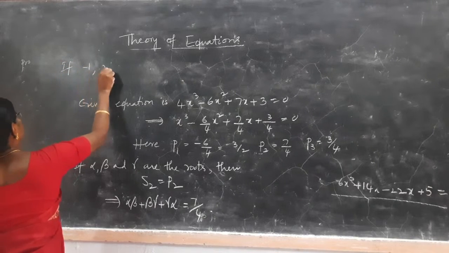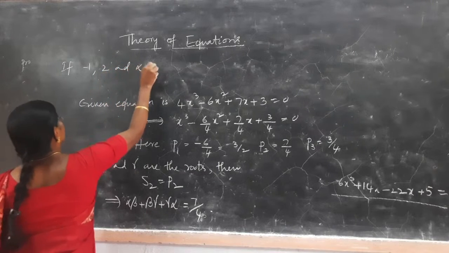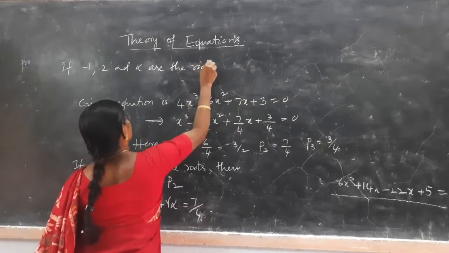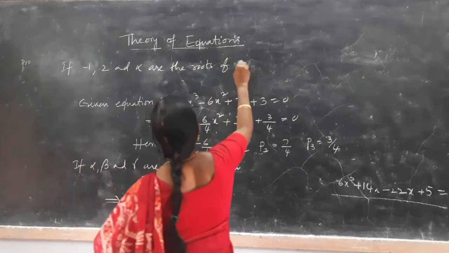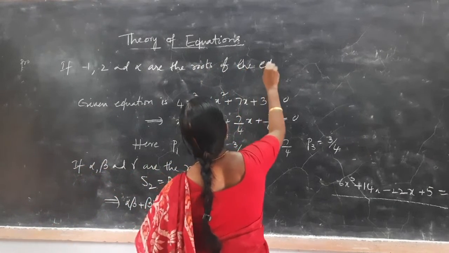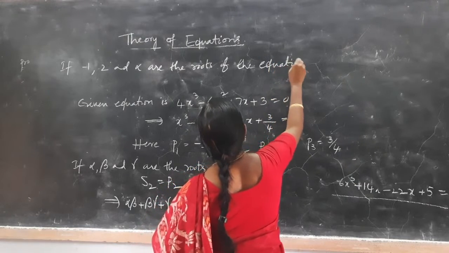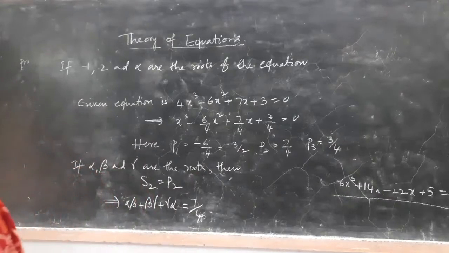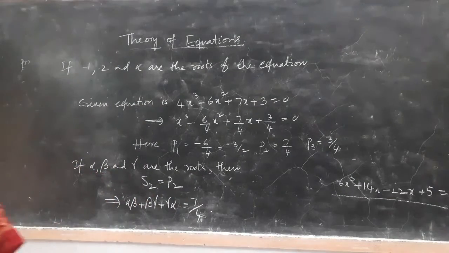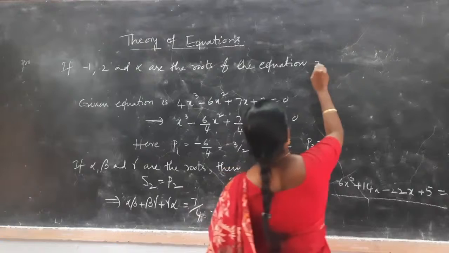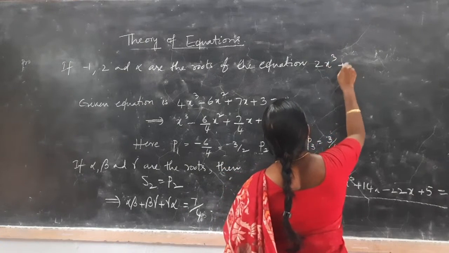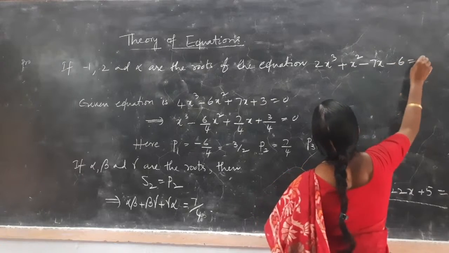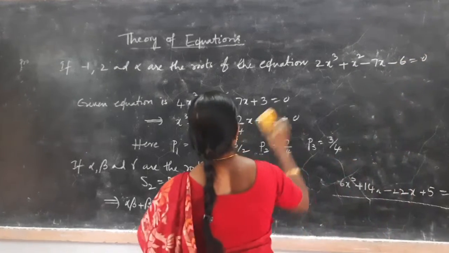If minus 1, 2 and alpha are the roots of the equation, look at the equation.